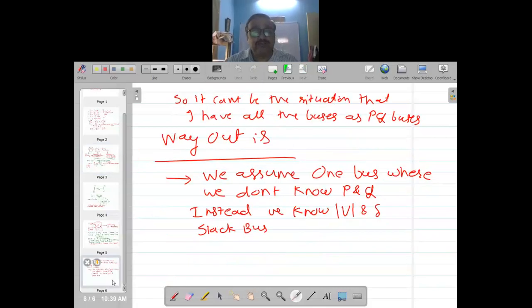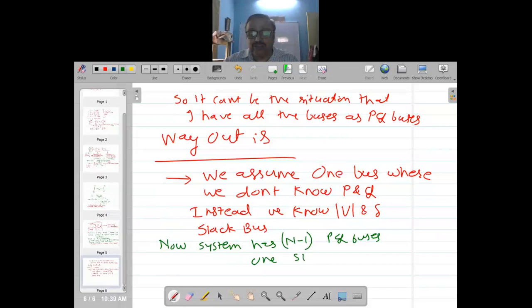And therefore the system now has n minus 1 PQ buses and 1 slack bus, where V and delta are given.